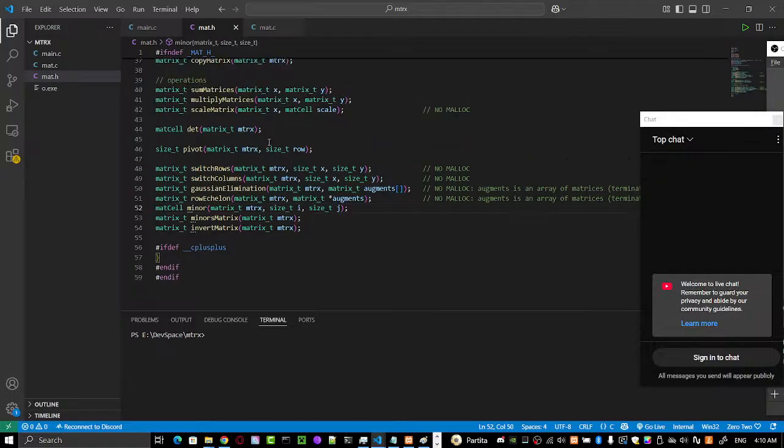So what we have to do is we just have to exclude this element, and then we calculate the determinant with this matrix, right?